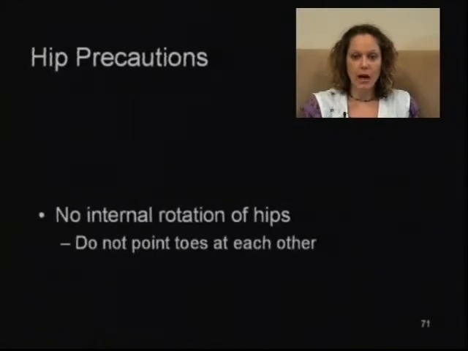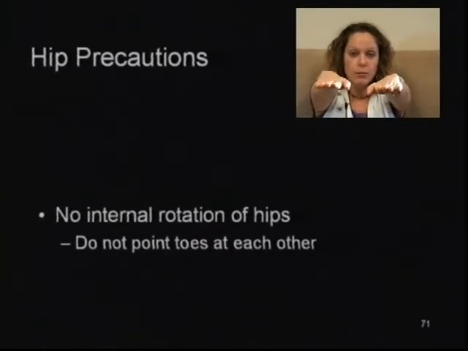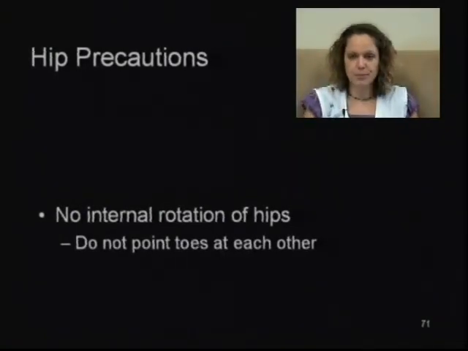The other thing this helps is to keep no internal rotation of the hips, okay? So what we don't want is for our toes to be pointing at each other. So we want them to remain straight. So that's another thing that our abductor pillow may help with.